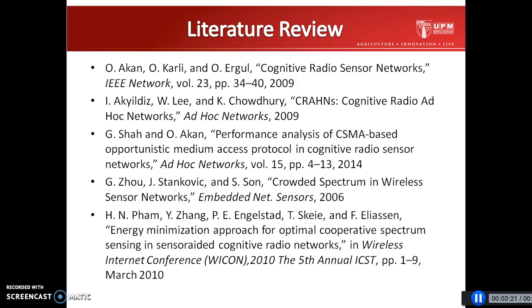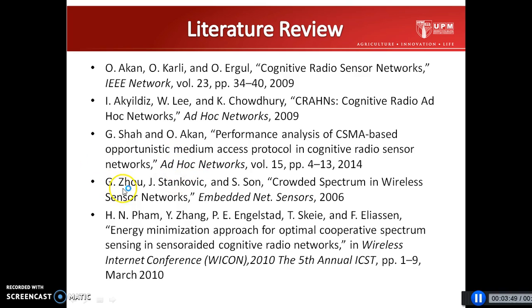This is because the MAC protocol interacts closely with the physical layer to determine the spectrum holes, and this paper proposed spectrum sensing for CRSN on the CSMA protocol. The results show better throughput and reduced delay. However, the power consumption is not considered in this paper.